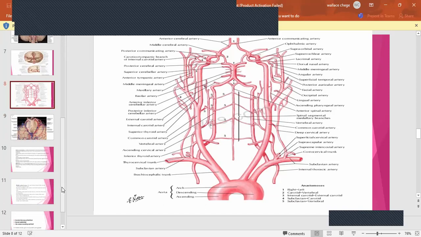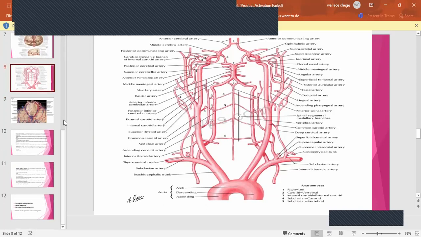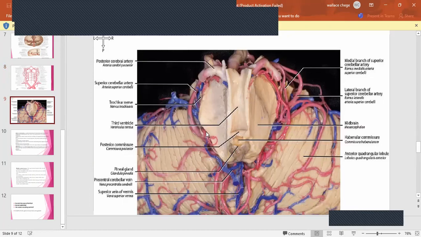We can now look at the course, but one more diagram to show you. This is the superior aspect of the cerebellum. Here you can see the midbrain, the mesencephalon. Here you can see the habenular commissure, pineal gland.